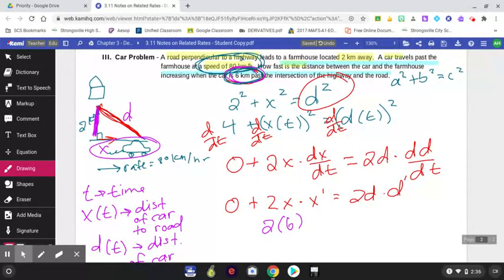I don't put the 6 in to begin with before taking the derivative. 6 is not fixed, 6 is variable. I'm looking at the moment when the car is 6 kilometers away, so I wait until after I take the derivative. I also know the rate at which that length is changing. The rate at which the car is traveling, or that distance is changing, is 80.